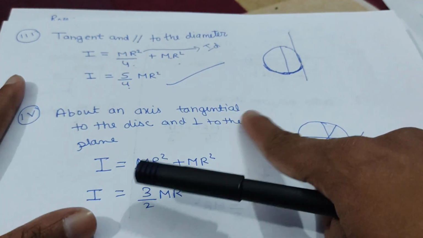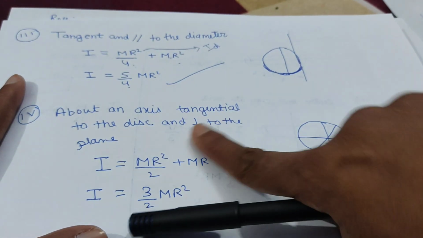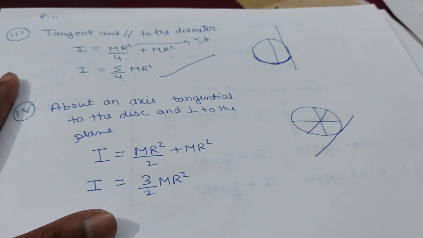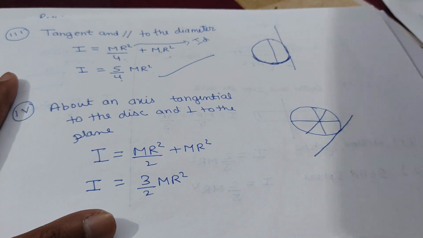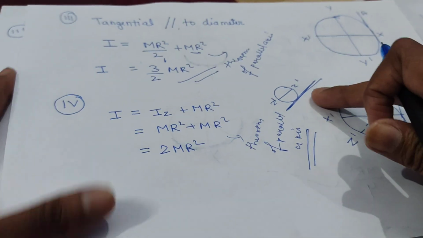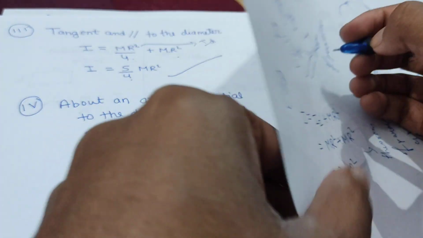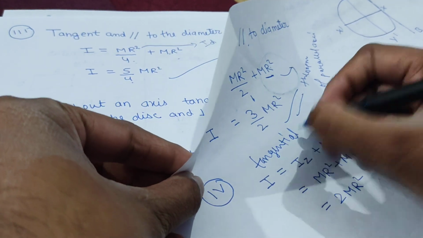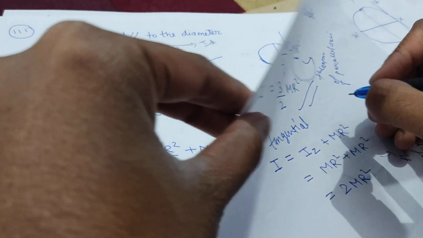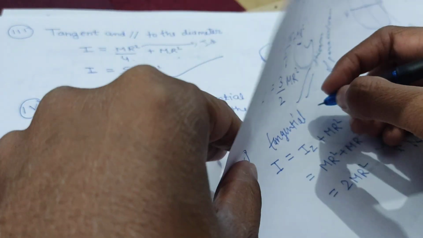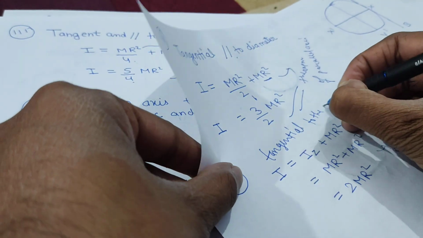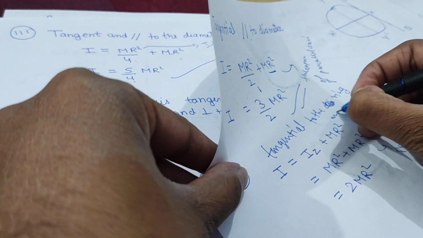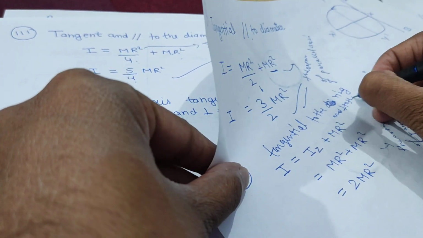And here, about an axis tangent to the disc and perpendicular to the plane, in a previous video I talked about a similar topic, but a different one. So this is tangential to the ring, this is the ring one, and perpendicular to the plane.